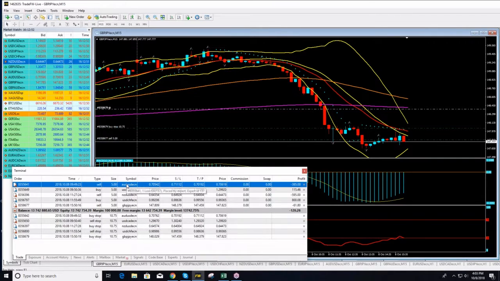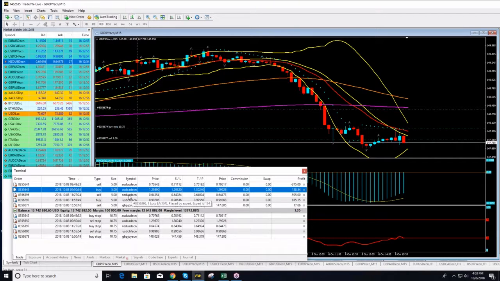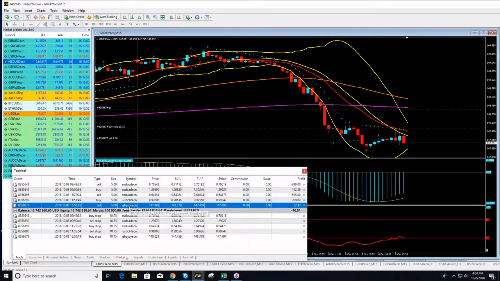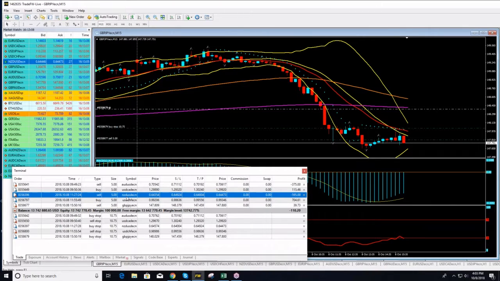So that's all I have for the moment. Let me repeat my positions. I'm short Aussie dollar, long dollar CAD, short the Kiwi, long dollar CHF, short pound yen. We are monitoring now the chart of pound yen. Our worst performer for the moment, currently losing us $600, is the Kiwi.